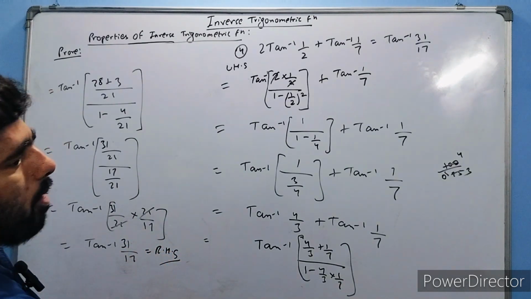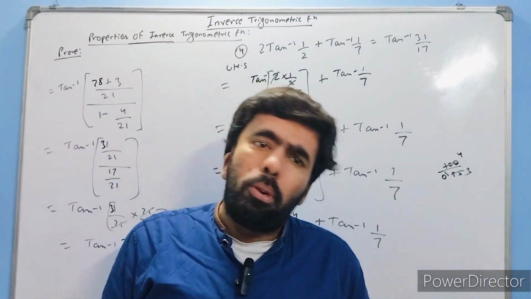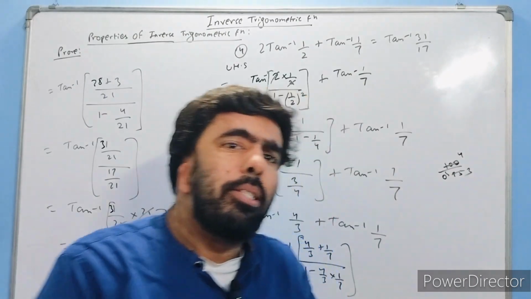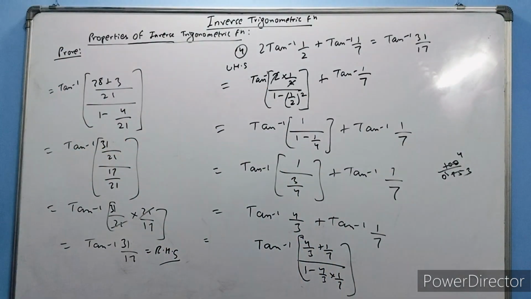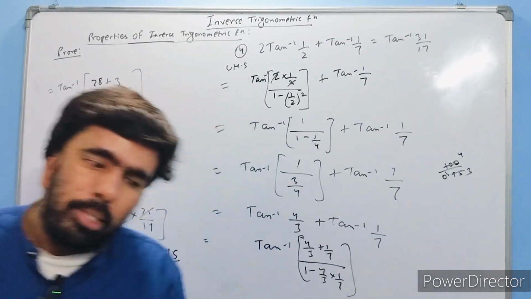So we have tried to prove four questions here. Now let us try to solve the fifth question by using the properties of inverse trigonometric functions.